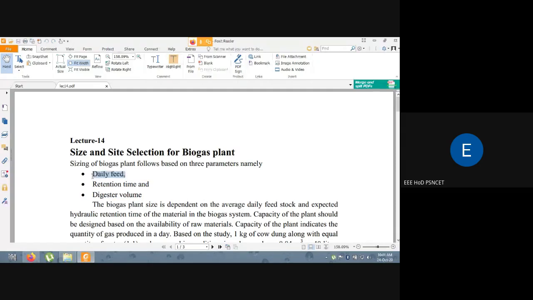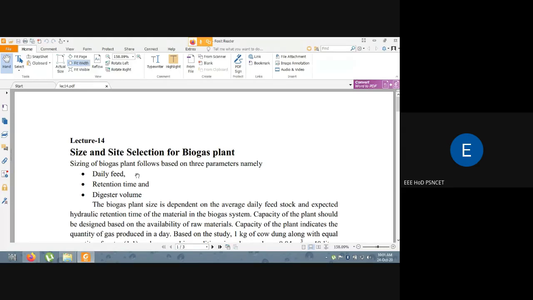Okay, so daily feed means how much input source we are going to apply to the digester. We have discussed earlier that we have a mixing unit.